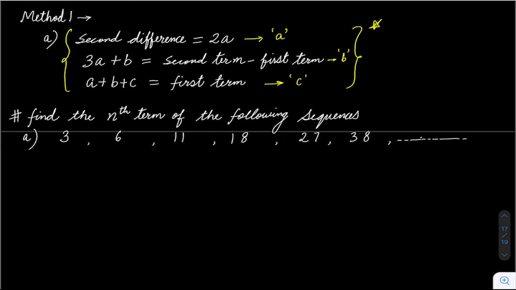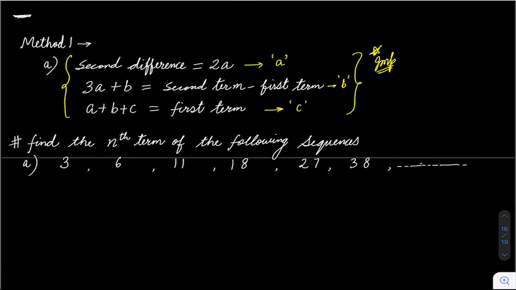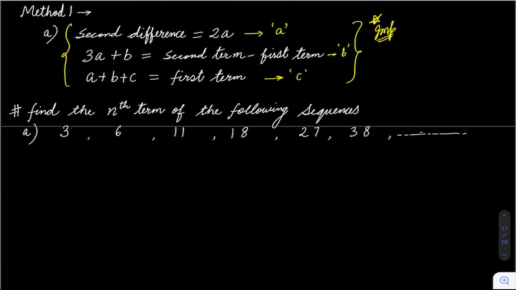Now this might look complicated or difficult, but you will see that once I apply this in a question, it will be very easy. It is one of the easiest ways to find the nth term of a quadratic sequence. So let's start. First find the first difference.